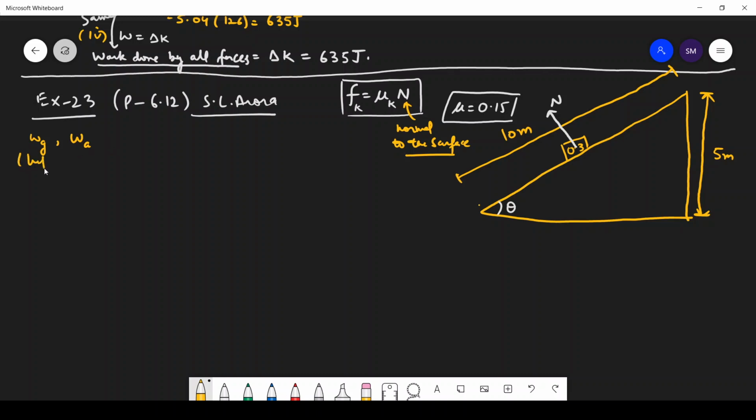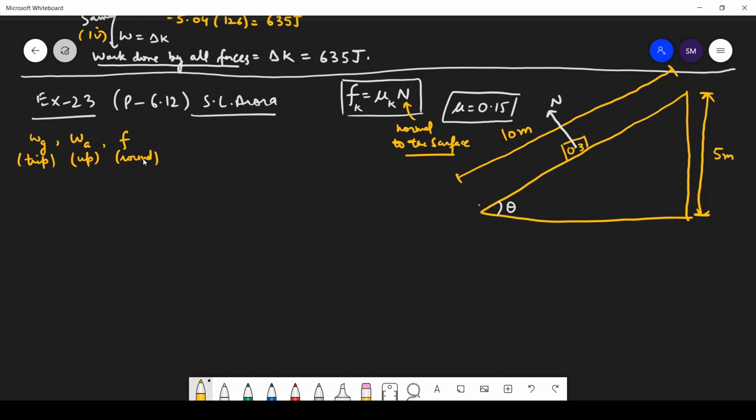So this is for the whole trip. And this applied force is only for the upward journey. Then the frictional force, again for the round trip, because in the down trip you are not applying any force. That is why it is only for the up trip, because you have applied the force only to take this 0.3 kg mass from here to here, and you leave it over there and it came down all by its own.